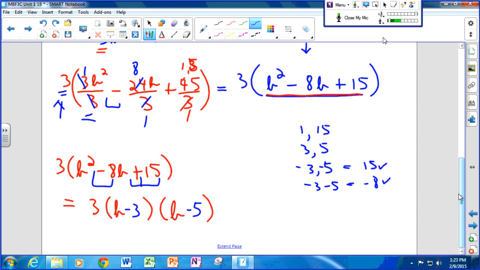All right. So I think we pretty well wrapped up question 6, part I. What I'm showing you is, in this case, it's a bit more complicated than the other ones because we had to get rid of that 3 in front of the squared term first. And in the end, it didn't really change anything. If we multiplied this out, what we have is 3 times b minus 3 times b minus 5.